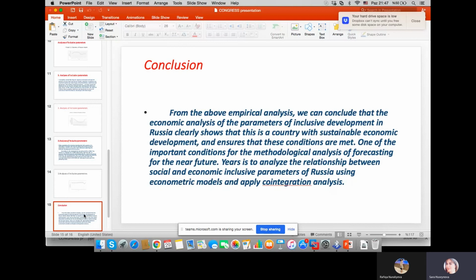And in conclusion, let's look at the analysis of all indicators, for example, indicators of economic and social development, in the index of inclusive development of Russia year by year, and increasing among the post-Soviet countries.